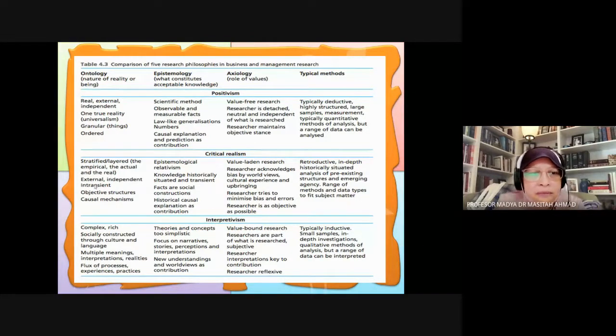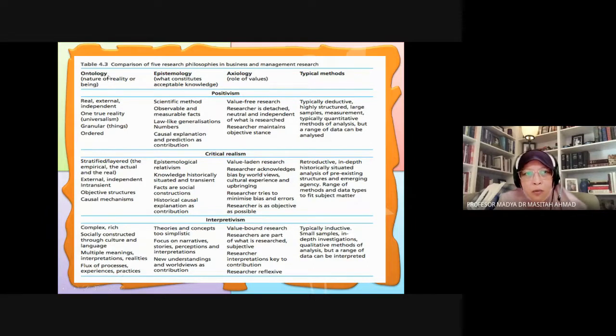And then we have the external, independent, intransient, and also the objective structures and causal mechanisms for our critical realism. And under interpretivism, it's more complex and rich, whereby it is socially constructed through culture and language, with multiple meanings, interpretations, realities, flux of process, experiences, and practice.